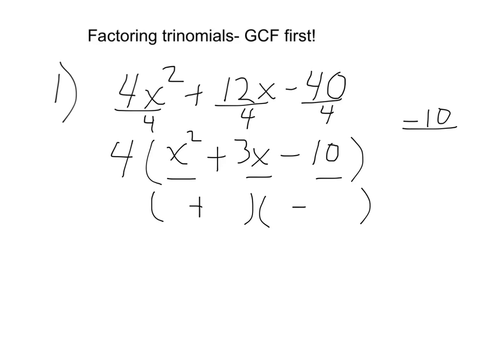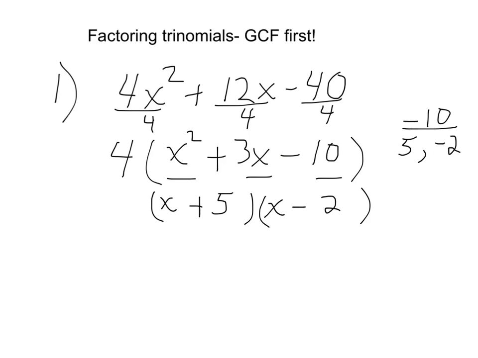And I also know that since the middle term is positive, I need the bigger factor to be the positive number. So that means I'll use a 5 and a negative 2 as my pair of factors, and I have an x and an x to get the x squared, the first term. I'll use my 5 and my negative 2 to multiply to get me negative 10, but also if I find the sum of these two numbers, I'll get a positive 3.